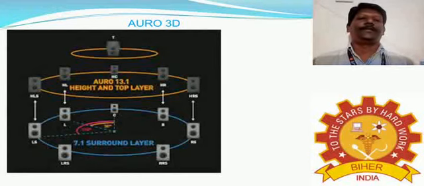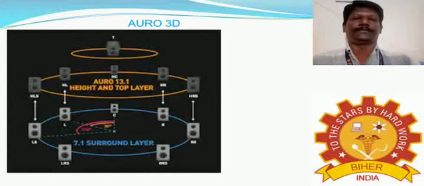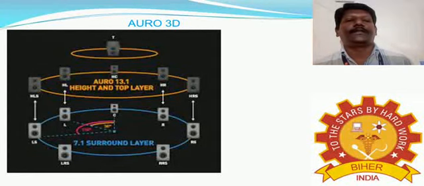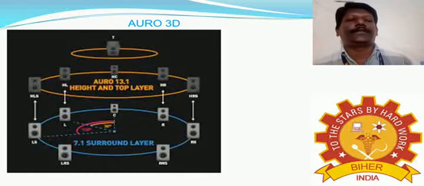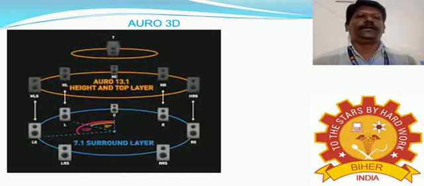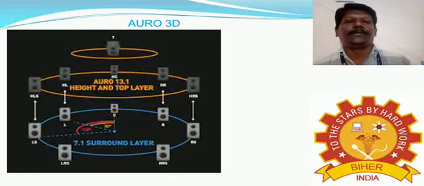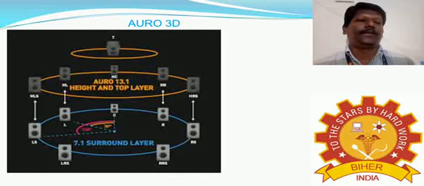Then Auro 3D. It's an 11.1 format. So it has 3 layers. The first layer is a lower layer, the second layer is a middle layer, and the third layer is the ceiling layer. So totally it has 12 tracks and 12 speakers. In the lower layer, there are 7 speakers: left, center, right, left surround, right surround, left rear surround, and right rear surround.